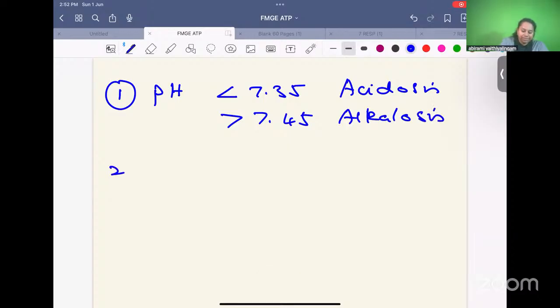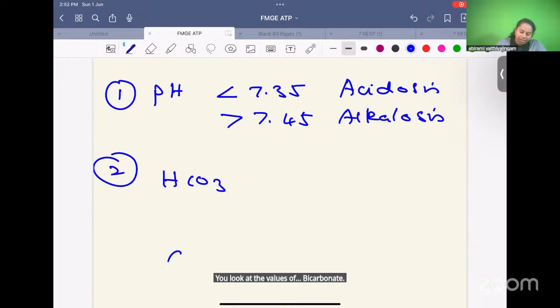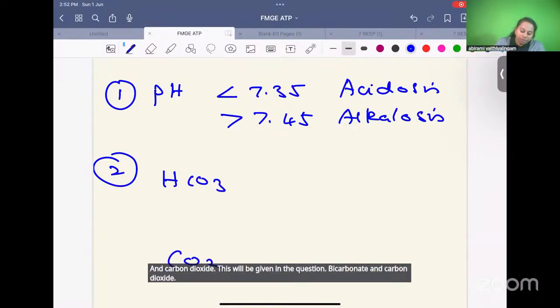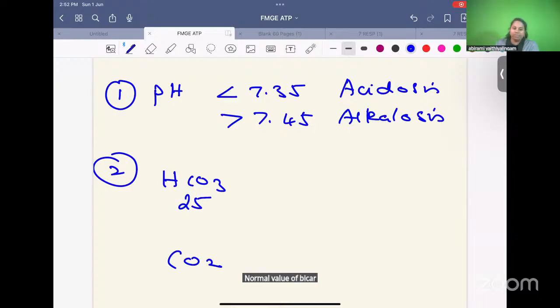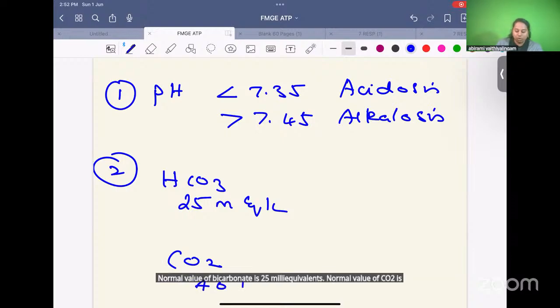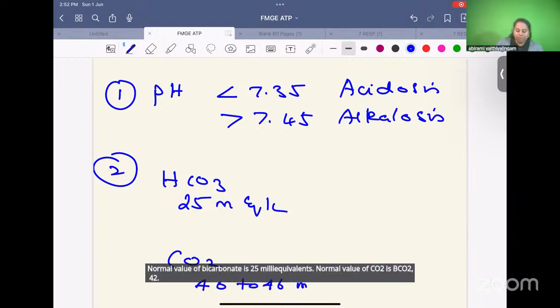Second step. You look at the values of bicarbonate and carbon dioxide. This will be given in the question. Normal value of bicarbonate is 25 milliequivalents. Normal value of PCO2 is 40 to 46 millimeter of mercury.